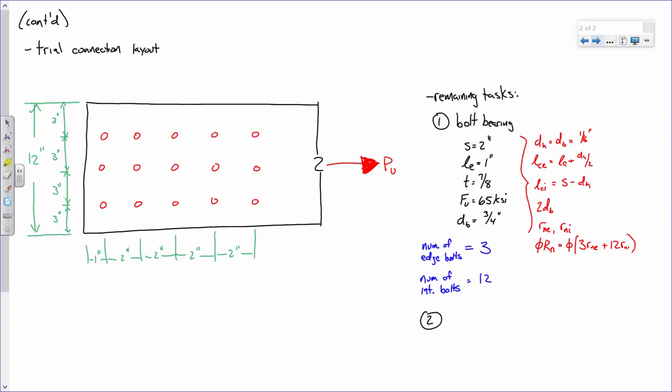Well, this is a tension member, so we don't have to do it for the purposes of this problem, but if we were actually evaluating this as a tension member, well, there's still gross section yielding. Net section fracture. Block shear.